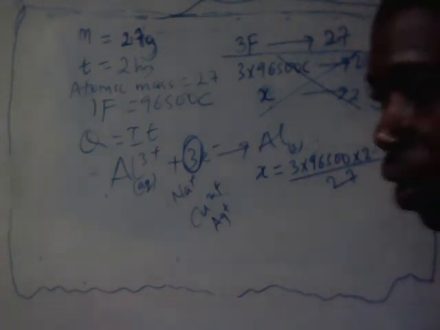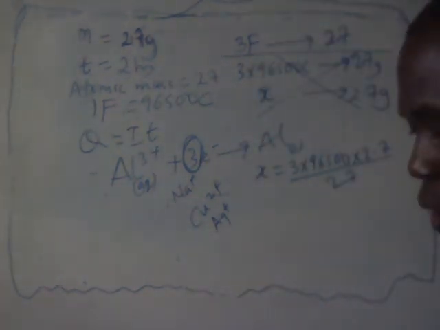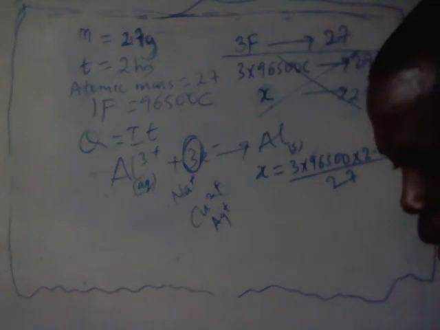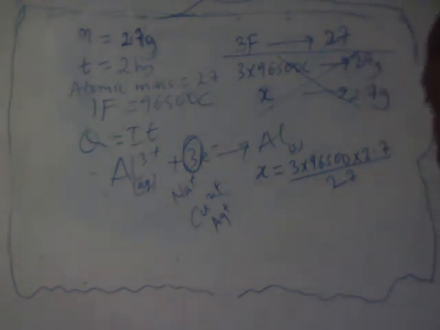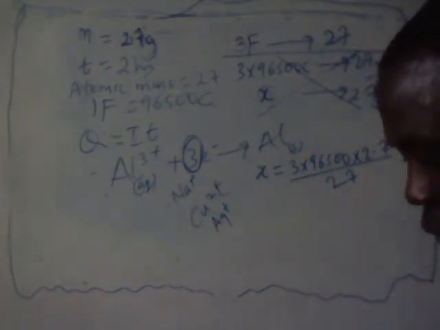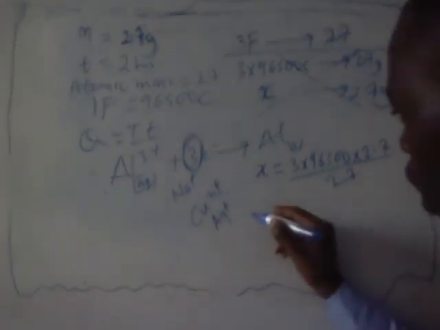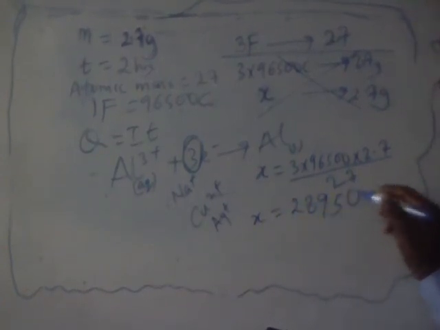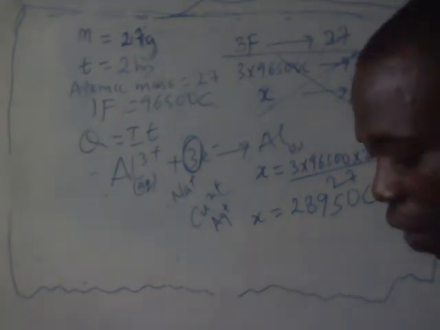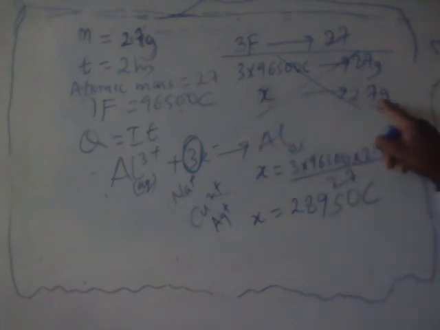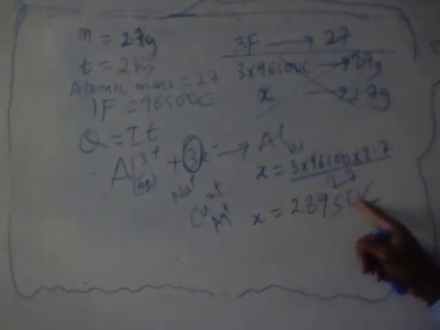At the end of the day, when you enter it in your calculator, 3 times 96500 times 2.7 divided by 27, we have X as 28950 coulombs. That's the quantity of electricity required to discharge 2.7 grams of the aluminium.